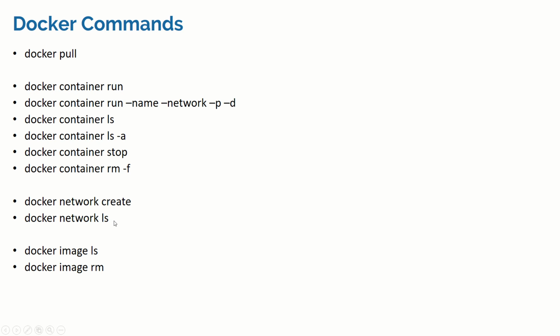Once again, to find out the different networks that are on your Docker daemon, Docker engine, it will be Docker network ls. Finally, we have the Docker image ls, which shows the images that have been downloaded onto your local machine, and you can next do a Docker image rm to remove images that you may no longer require.